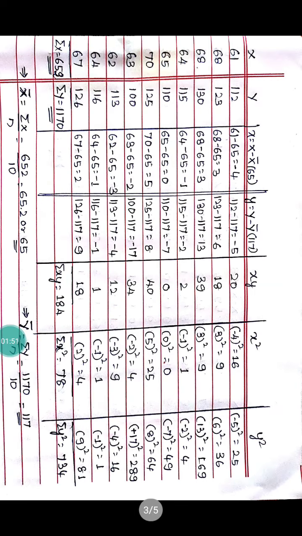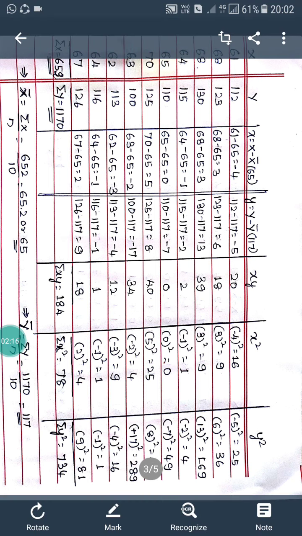The solution is, they have given x observations as well as y observations. First, capital X is there, capital Y is there. First we should calculate the x bar value as well as the y bar value. Without x bar and y bar, we cannot find small x as well as small y.